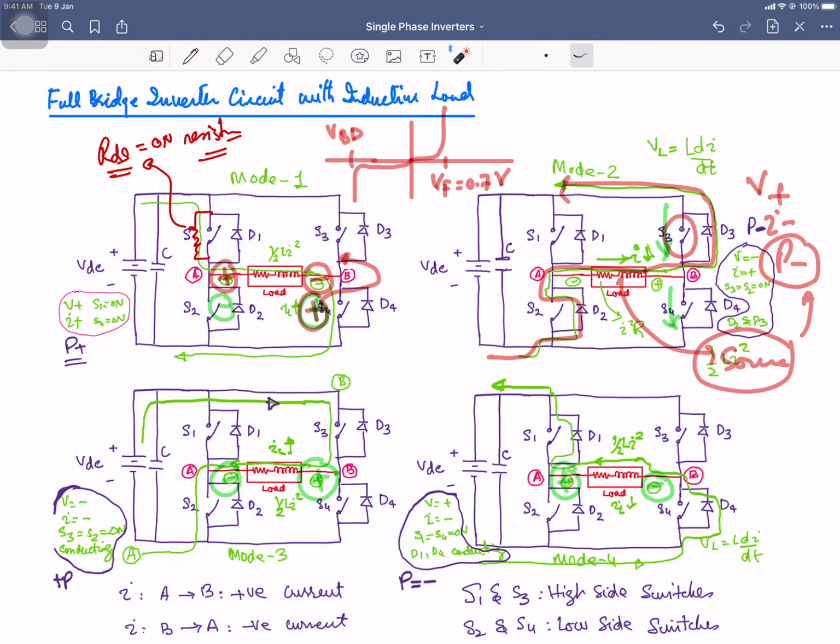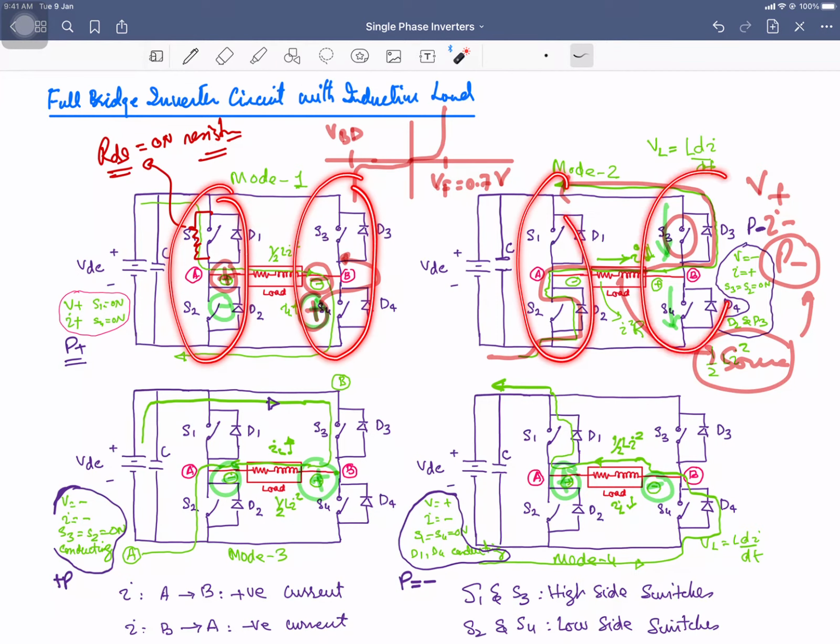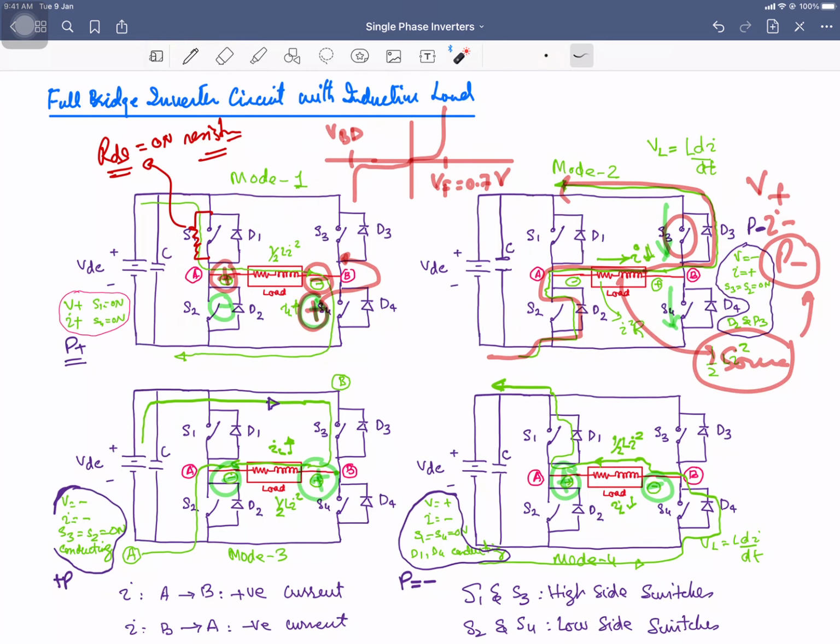So in the full bridge inverter circuit, we are going to use two arms of switches as compared to the half bridge inverter, or you can say you are going to use two half bridges. This one is the half bridge, and this circuit, because of its shape, you are going to turn on these two switches, and then you are going to turn on this pair of switches.